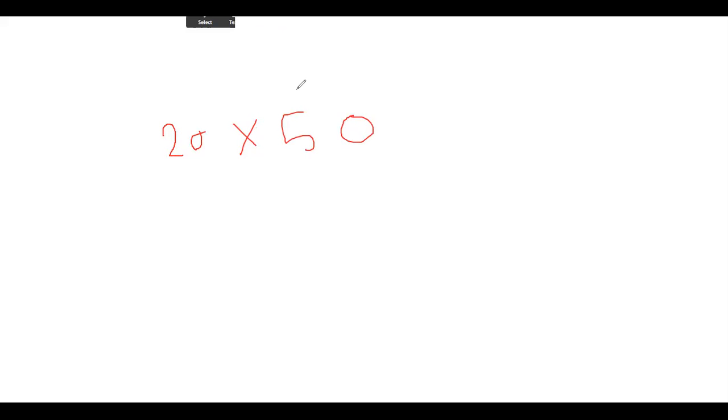The same thing as we did before. We will multiply the non-zero digits. Now 2 times 5 equals 10. Then, how many zeros do we have left? 1 zero here and 1 zero here. So I will put here 2 zeros. So the answer is 1000.